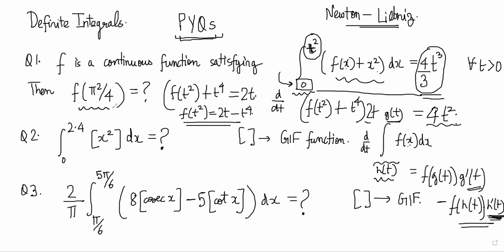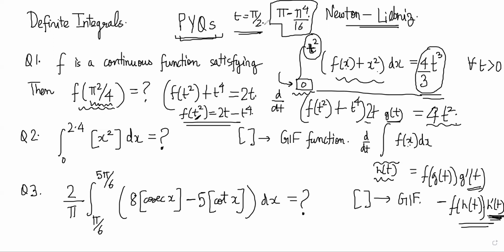And they are asking you for f of pi square by 4, so you should put t equal to pi by 2. If you put t equal to pi by 2, t square is pi square by 4, no? That means f of pi square by 4 will be 2 times pi by 2, so pi minus pi power 4 by 16. Correct? Yes, sir.